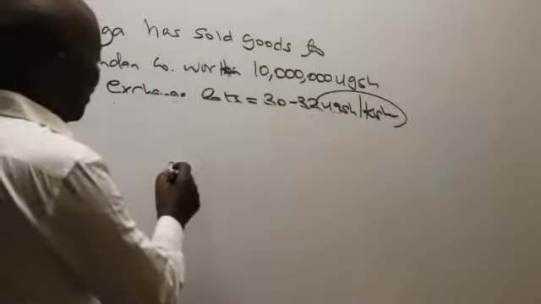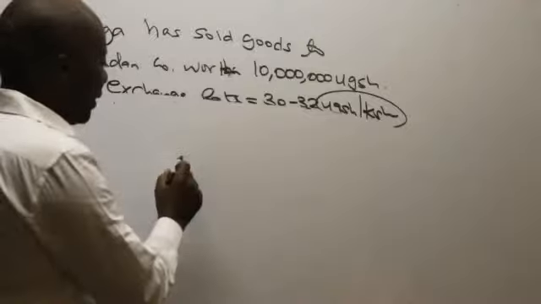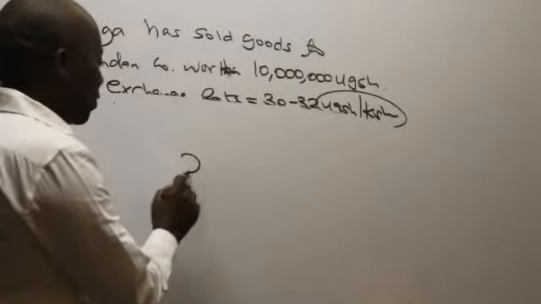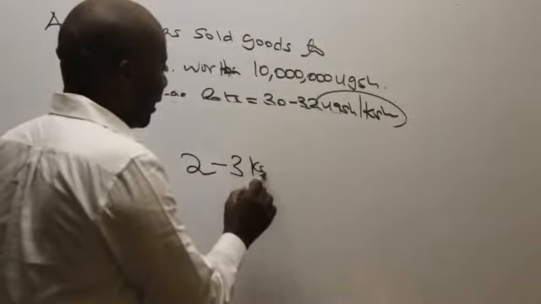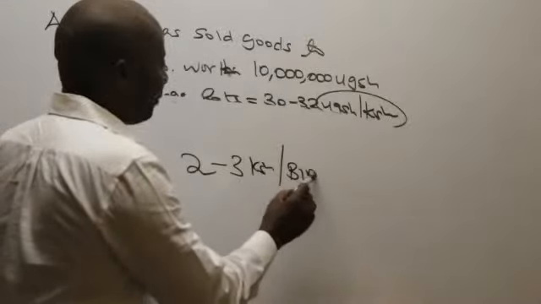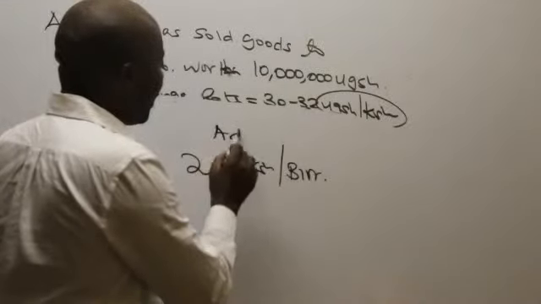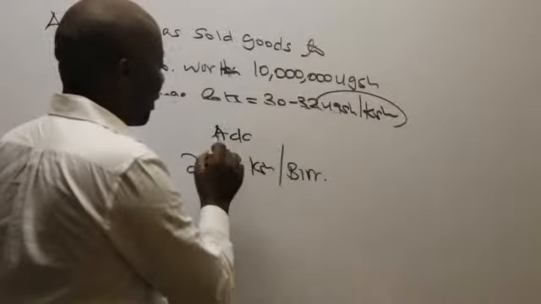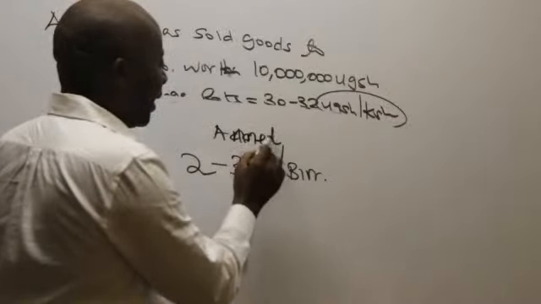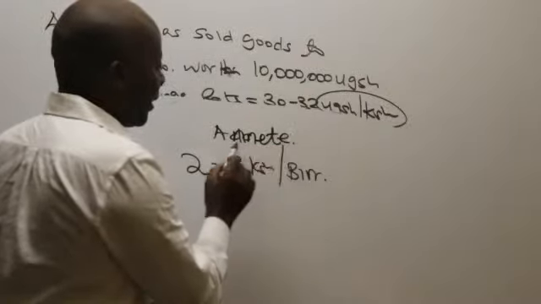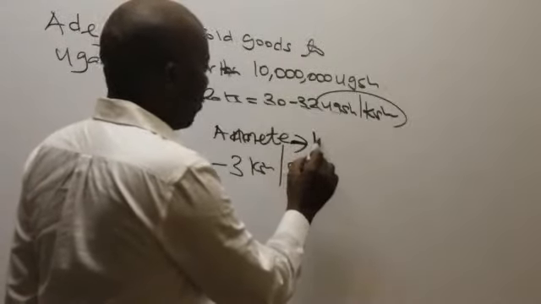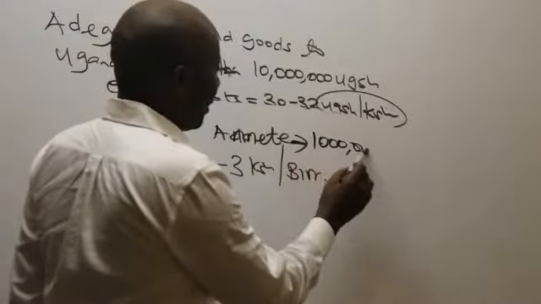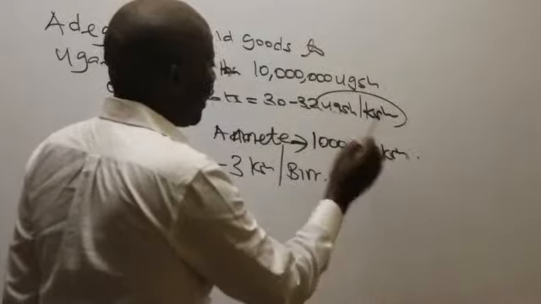Great. So then we have in this case here, Adega's case. So Adega has been given 2 to 3 Kenya shillings per birr. And then now, no, it was not Adega, it was Annette. Annette in this case here has got 1 million Kenya shillings.